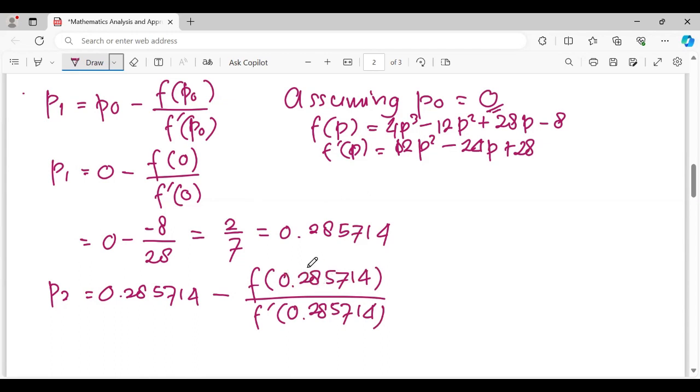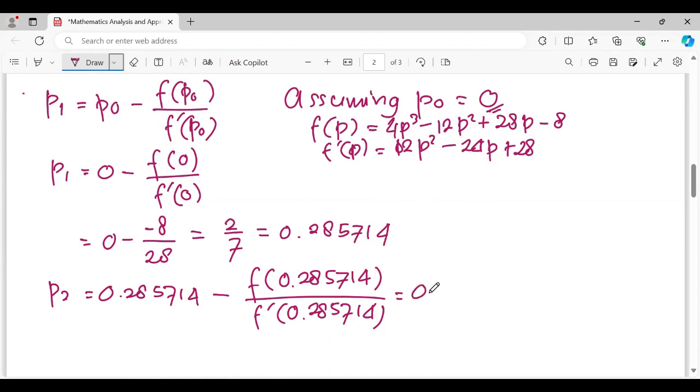For this calculation, substitute this number into each p.